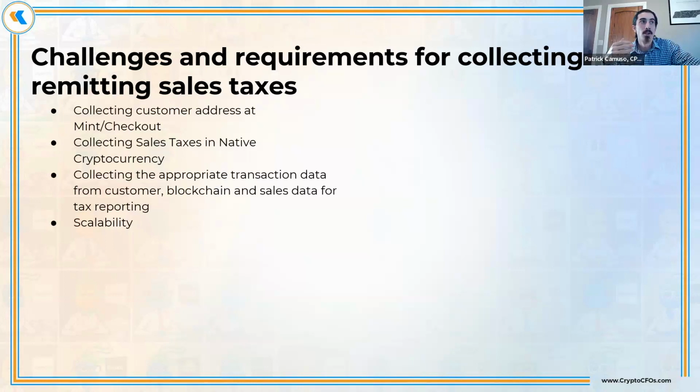So that's going to include transaction data from the customer, transaction data from the blockchain, and transaction data associated with the sale itself. And obviously, all of this needs to be done in a scalable fashion and in an automated fashion, because you could be minting 10,000 NFTs in a day. So all of this needs to take place in a way that provides scalability.